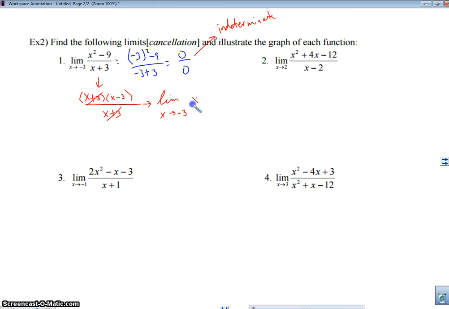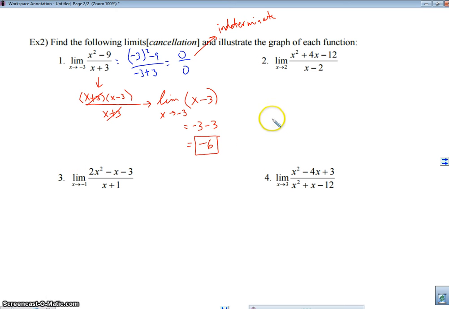And now I'm simply doing the limit as x approaches negative 3 of x minus 3. Now I plug that in, and I get negative 6. Which is fine, because even though I have a hole in the graph at negative 3, the hole does not affect our limit, because remember, a limit is as it approaches, not what it's equal to. So this is our limit.